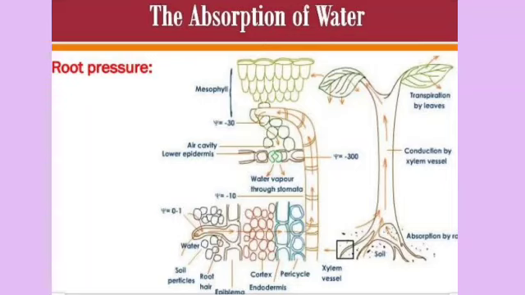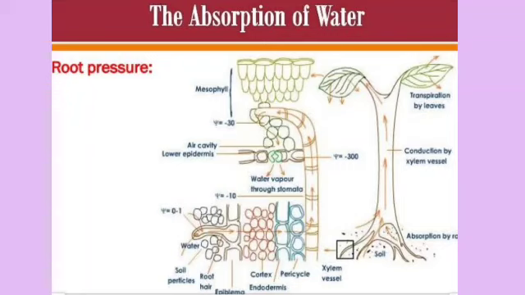Here in front of you, the picture of the root is showing how the water is absorbed in the roots. Here, the root cells are in contact with the water and minerals in the soil. Water and minerals enter the cell on the root surface due to the differences in concentration. Means if the concentration inside the root is less, then the water from the outside will enter through the root hair.